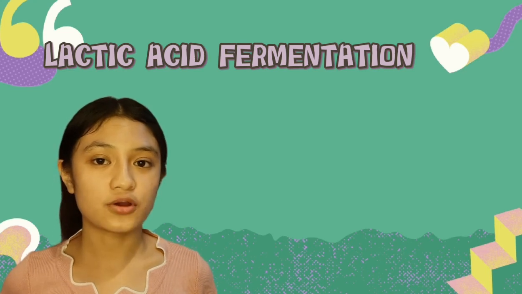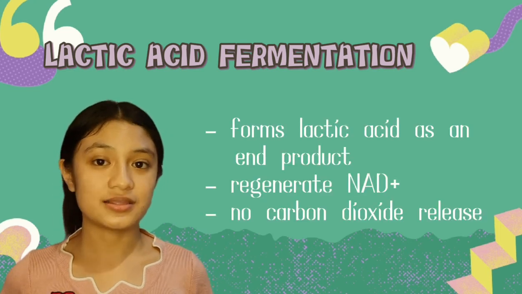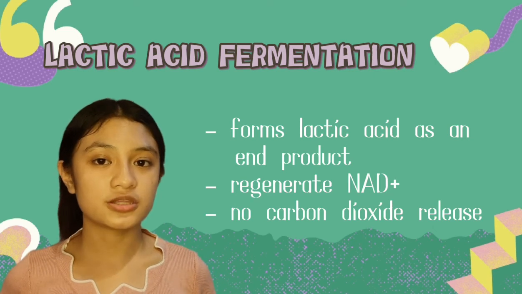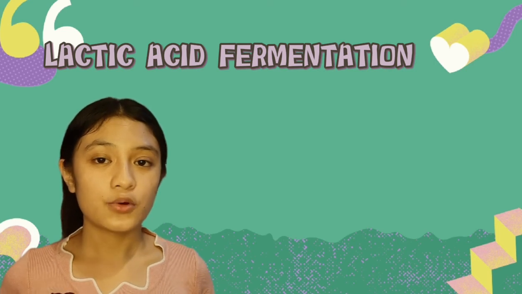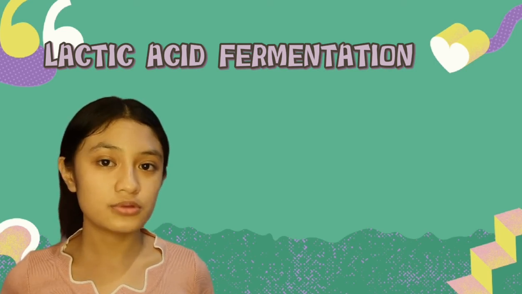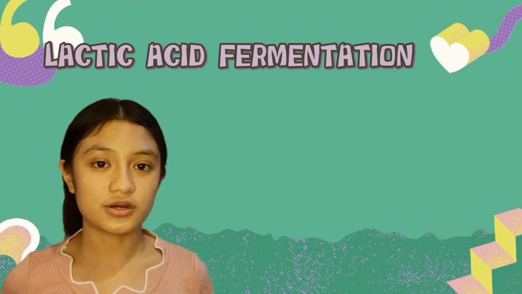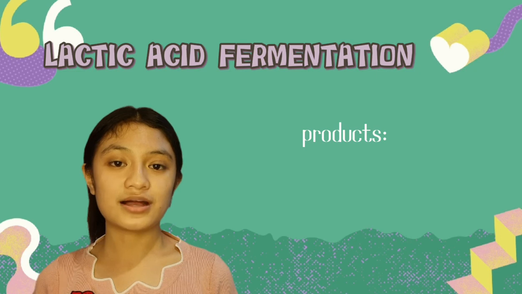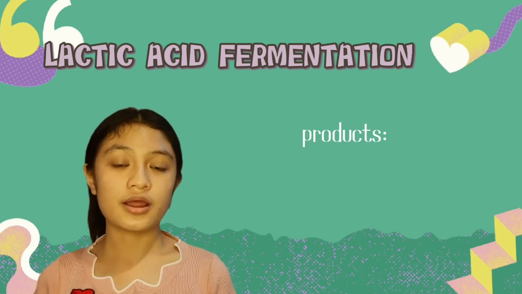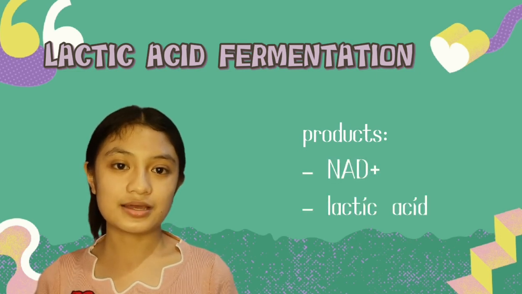This reaction forms lactate or lactic acid as an end product and regenerates NAD+ with no release of carbon dioxide. This closes the metabolic cycle, which means glycolysis will continue as long as there is glucose. In summary, the final products of lactic acid fermentation are NAD+ and lactic acid.